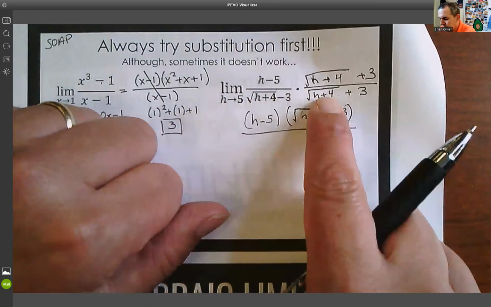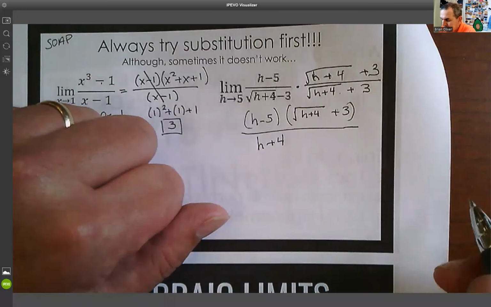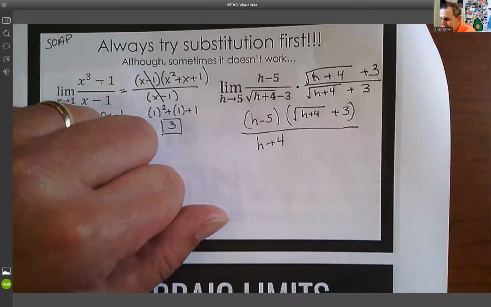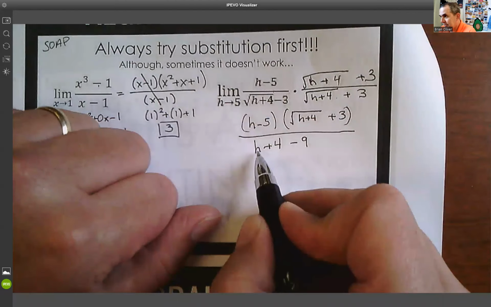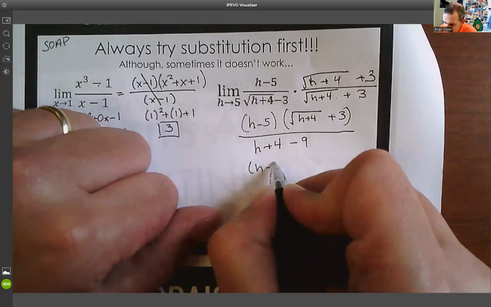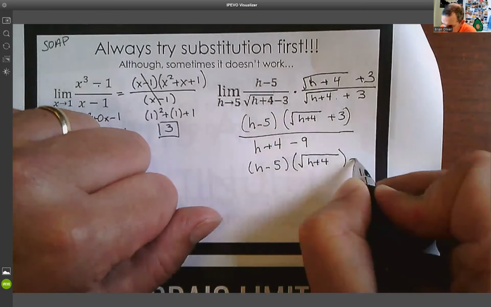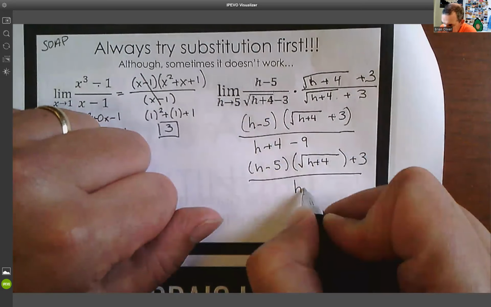Root h plus 4 times root h plus 4 gives me h plus 4. Radical goes away. Negative 3 times a positive 3 gives me negative 9. And if you take a look at simplifying this, h plus 4 minus 9 is now going to give me h minus 5.